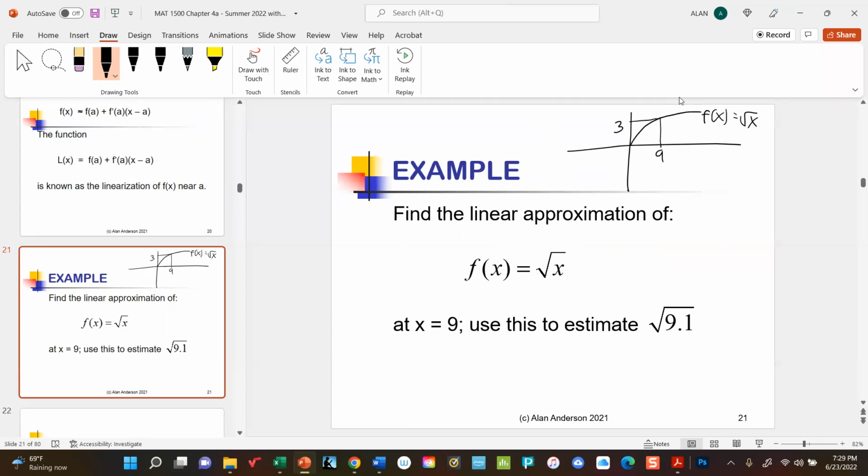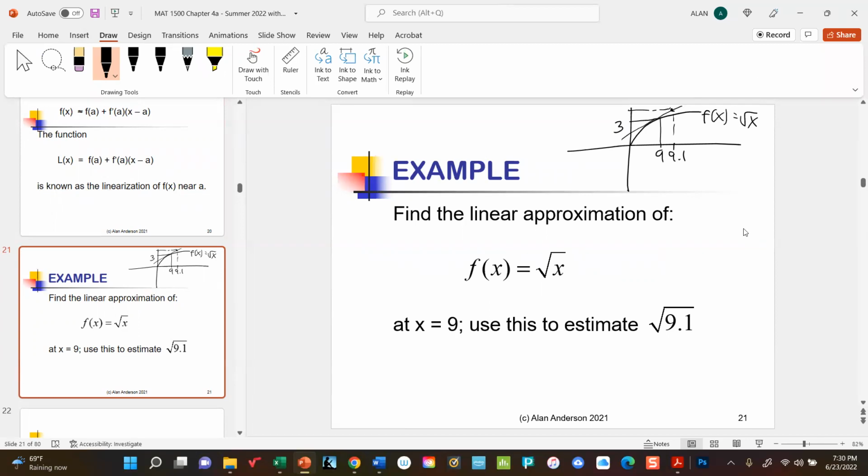Now, here's the thing: what about 9.1? We can use this linearization to come up with a good approximation to the correct value of the function. So we're going to use the linearization to come up with the approximation, and then we'll compare it to the real value, and we'll see just how close it really is.